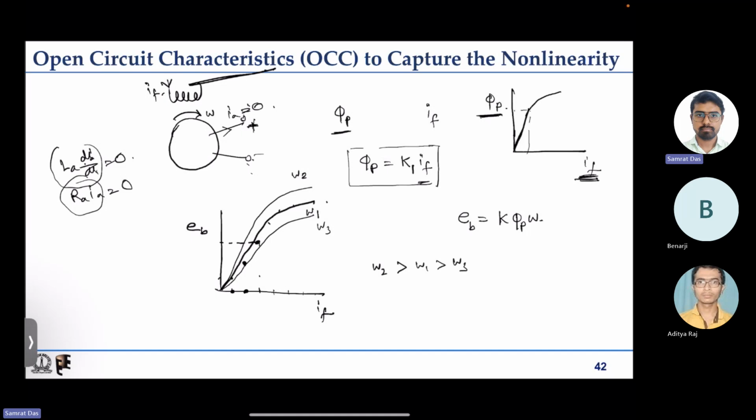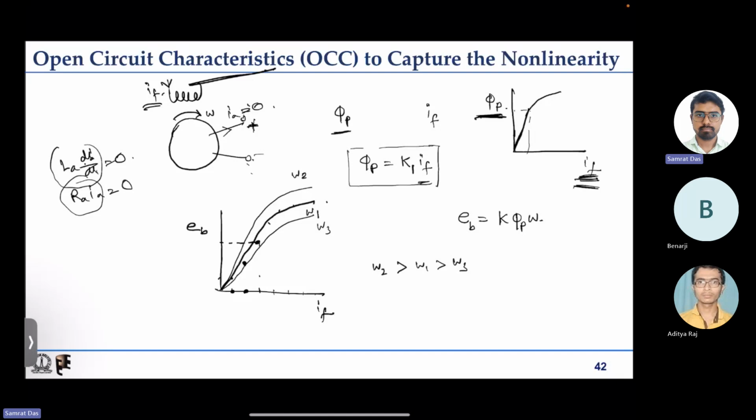If we want to get the nonlinear relationship between flux per pole and field current, we can get that indirectly by doing this type of experiment, which is often described in textbooks as open circuit characteristics, or OCC. We run the machine at a constant speed by another machine, we give some field excitation, we measure the induced EMF, keeping armature current zero because we keep that open, and we keep on varying the field current, measure the induced EMF, and tabulate them.